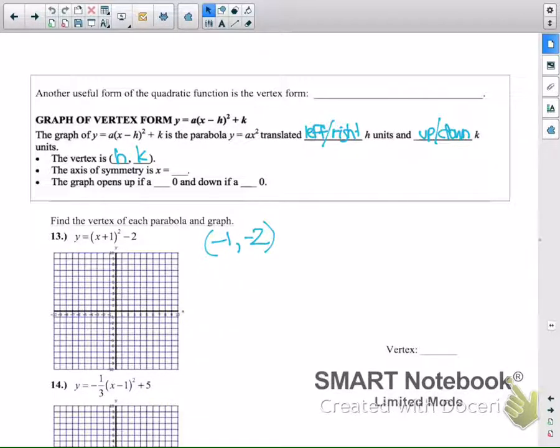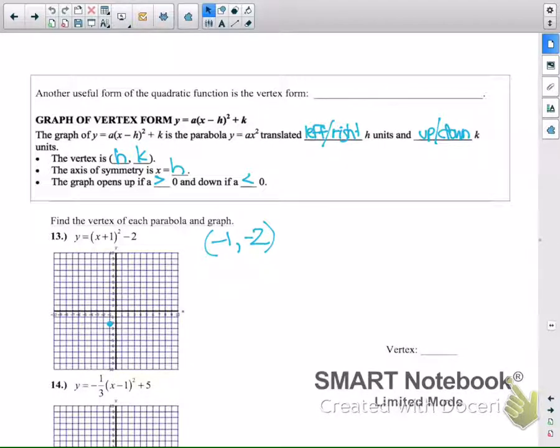The axis of symmetry does go right down the middle of it, which is at H. But just like the other ones, if A is negative, it opens down, and if A is positive, it opens up. So that A value still tells me the same thing. So on something like 13, I start by graphing my vertex. -1, -2.